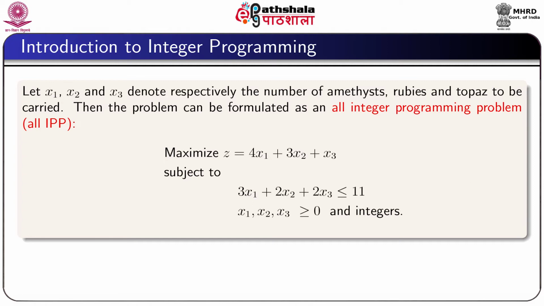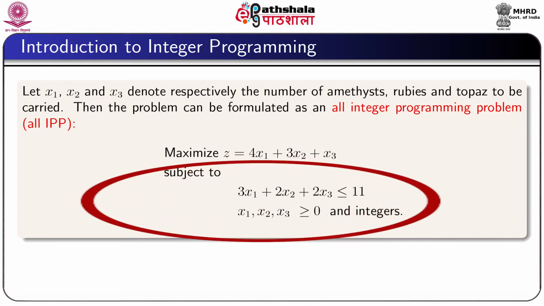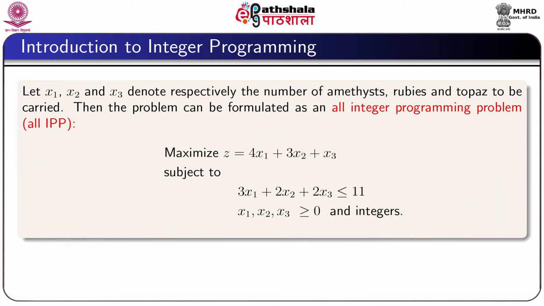Then the problem can be formulated as maximize z equal to 4x1 plus 3x2 plus x3, which is the total value of the stones, and we have one constraint 3x1 plus 2x2 plus 2x3 is less than equal to 11, which is the capacity of the bag. Here x1, x2, x3 are greater than equal to 0 and are integers.